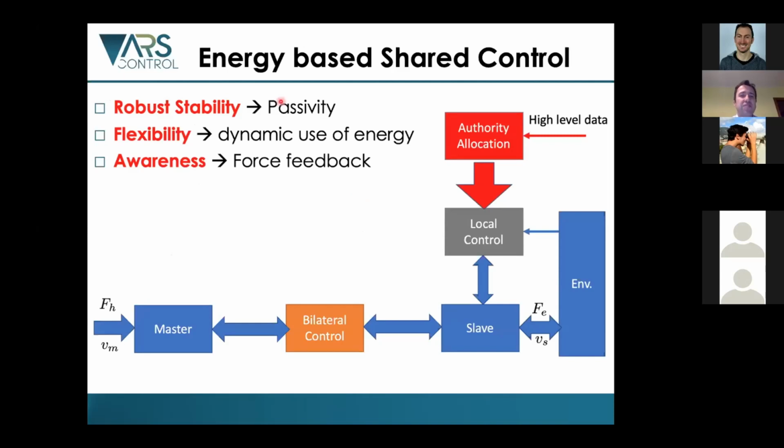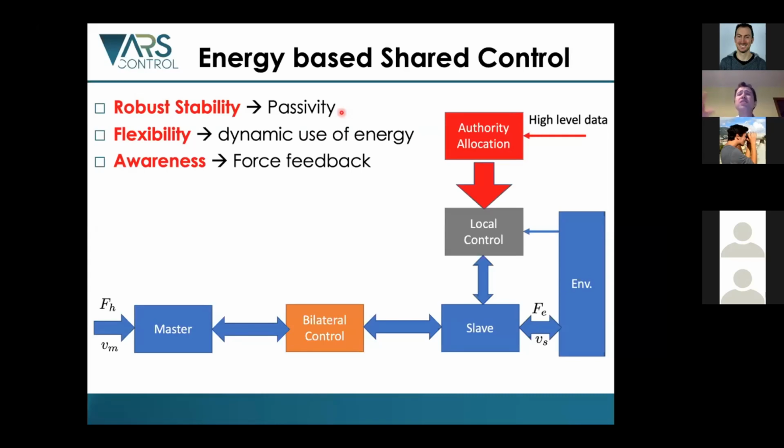Passivity may be a tool for guaranteeing this robust stability: guaranteeing that the overall system is passive allows us to guarantee that the overall system is stable. Then flexibility. I don't want to be constrained to implement a certain physical dynamics, such as a mass spring damper or a PD with a fixed stiffness or whatever.